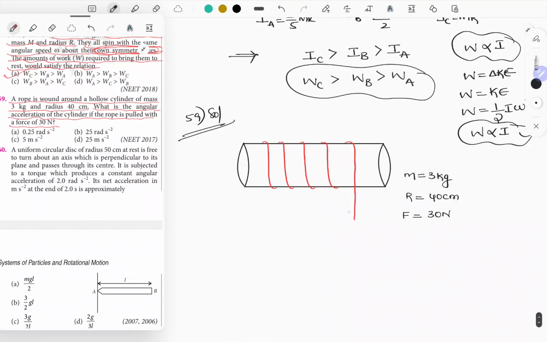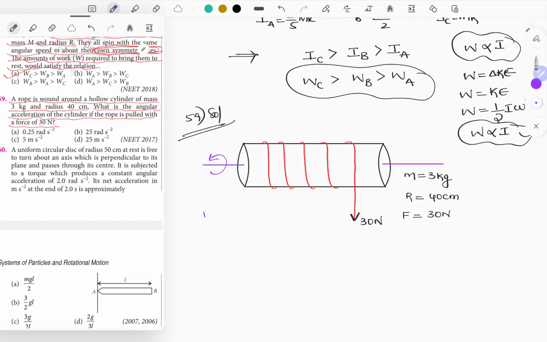Super. So this rope is pulled down with a force of 30 newtons. When this rope is pulled, this cylinder, is it a solid cylinder or a hollow cylinder? It's a hollow cylinder. This cylinder will rotate about this axis. This is how it is going to rotate.